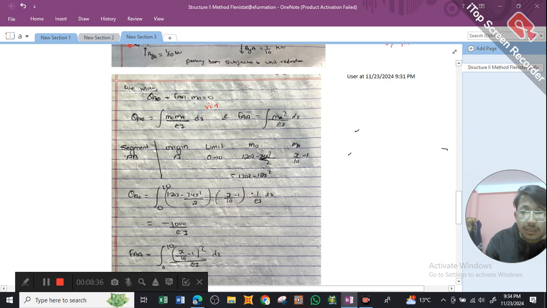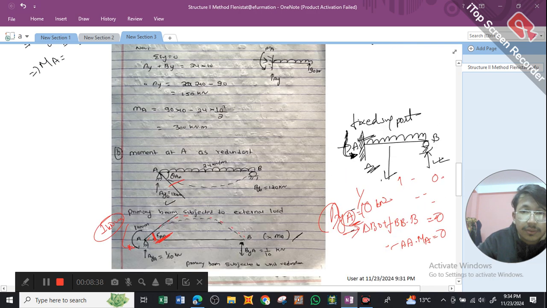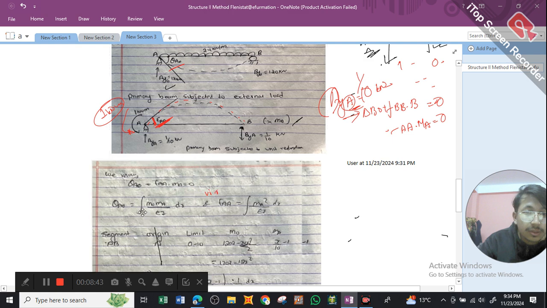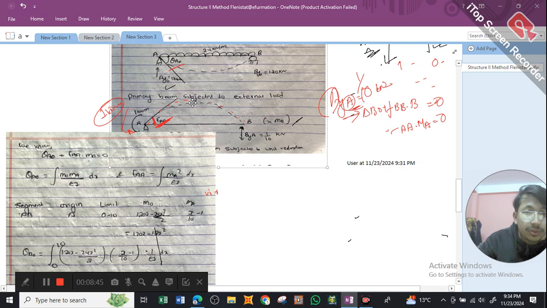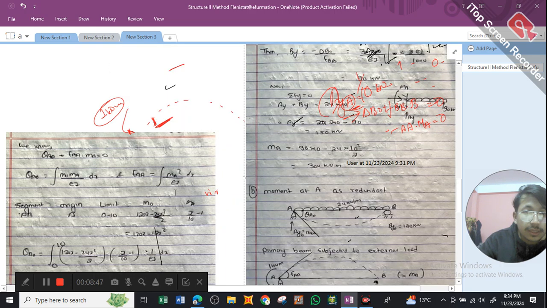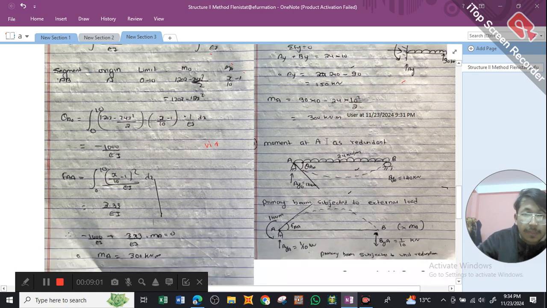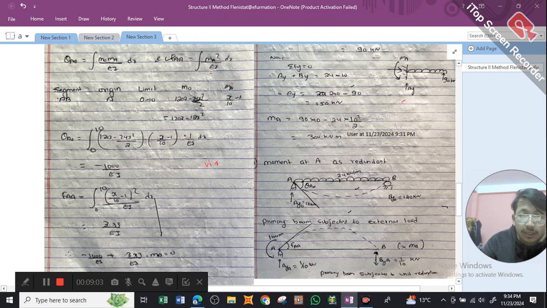We have this figure, and we can put both of these side by side, so it will be easier for us to read. So firstly, we are going to look at segment AB.